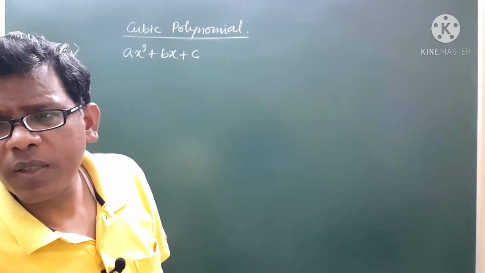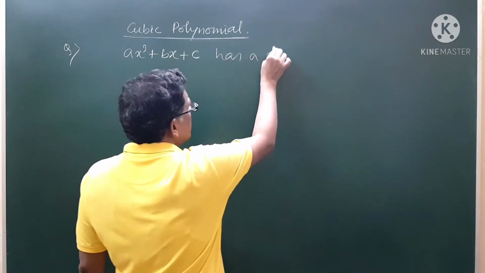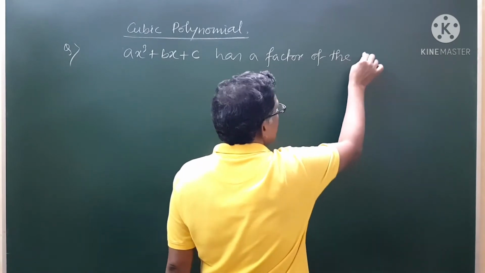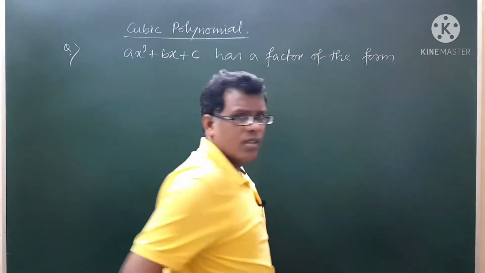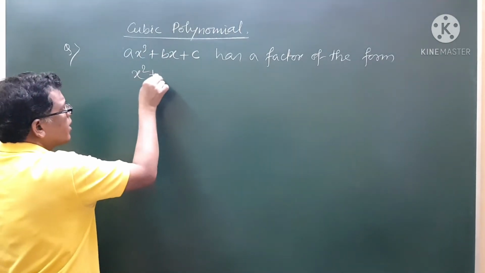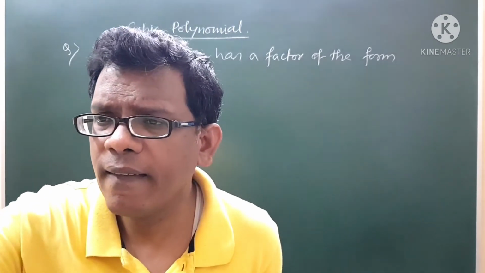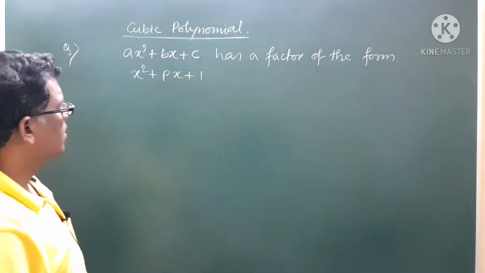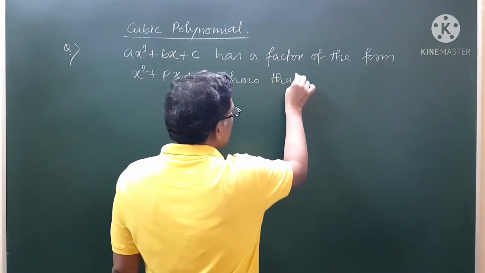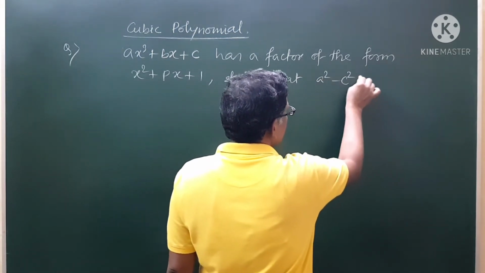ax cube plus bx plus c has a factor of the form x square plus px plus 1, right? So that a square minus c square is equal to ab.